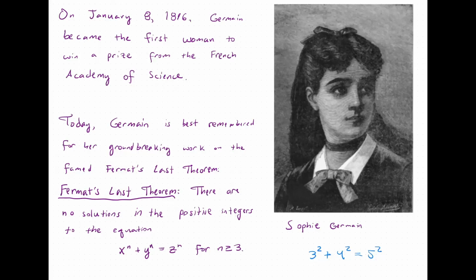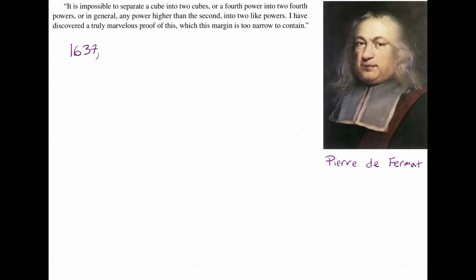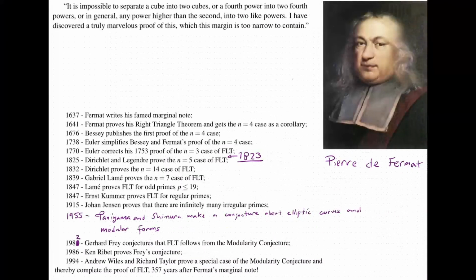In doing so, she developed the program that I just mentioned, which would lead to a series of breakthroughs in the years that followed. Building on her work, Dirichlet and Lagrange did the n equals 5 case, the n equals 14, n equals 7, and then finally in 1847, Kummer culminated the work that Sophie Germain began with her program to prove it in a much more general setting for what are known as regular primes.